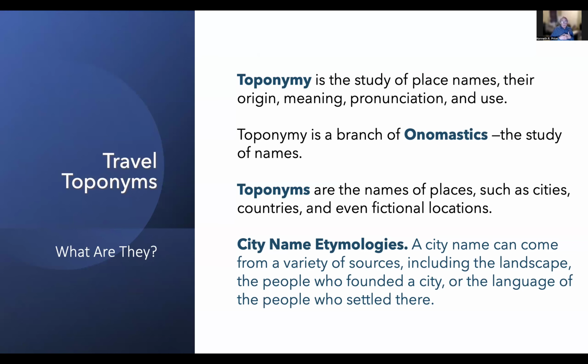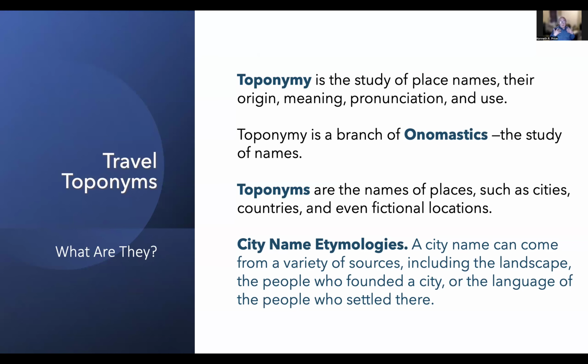You can see that the names of places, cities, countries, even fictional locations, which has been my one skirting of familiarity with this particular field, in 19th century American travel writing. I did see a bit of this, but it was certainly not something that I delved into as extensively as I have with my travel writing courses and my travel writing textbook.